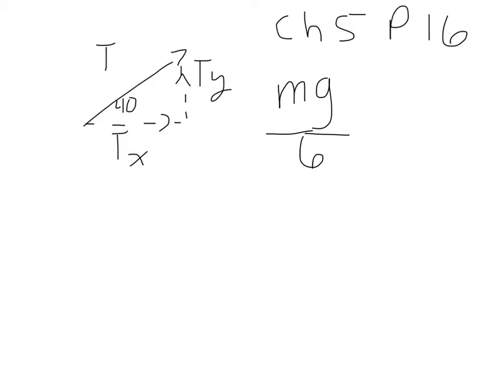Since he has 6 legs, each one of those Ty's is going to be equal to mg over 6. So Ty is equal to mg over 6. Ty is also equal to T multiplied by the sine of 40.